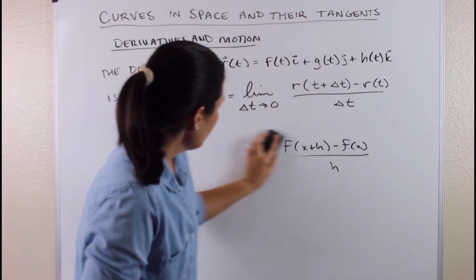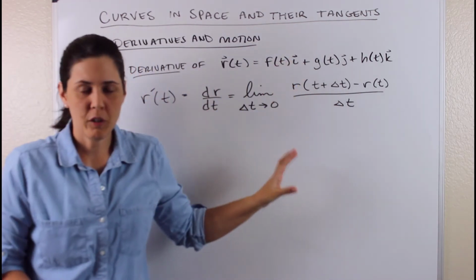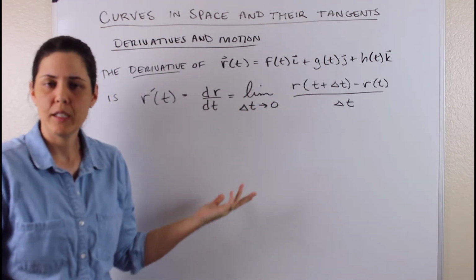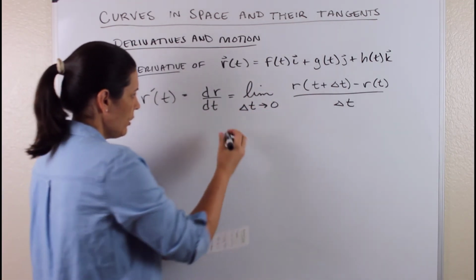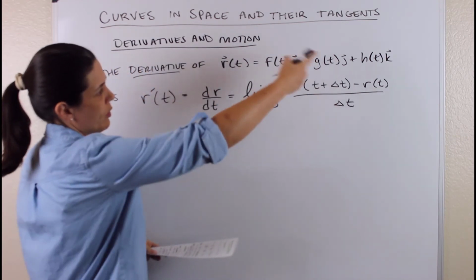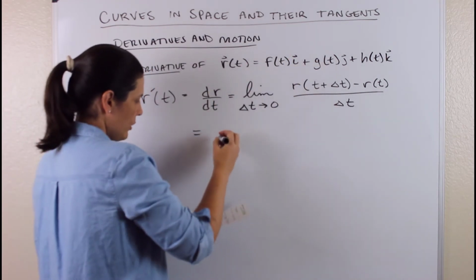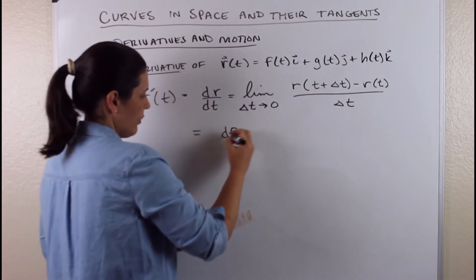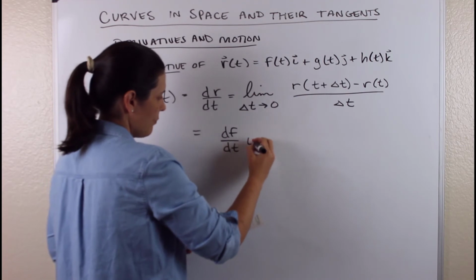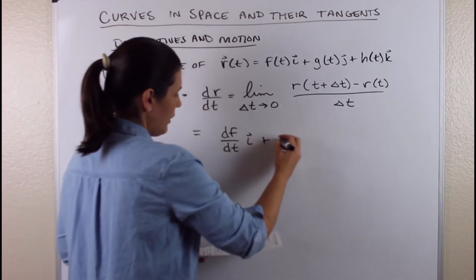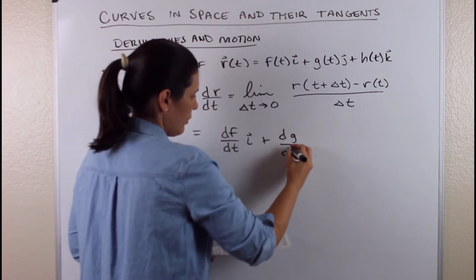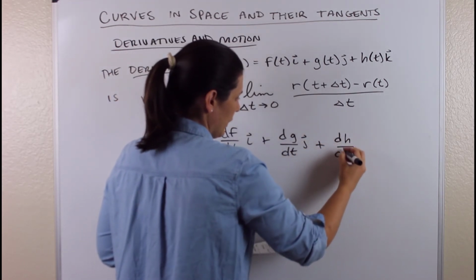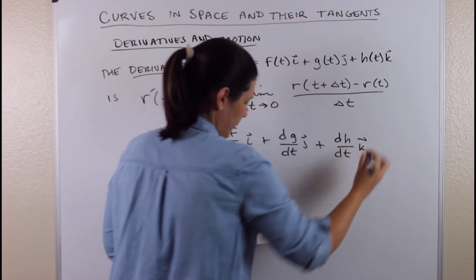Okay, so now, if you don't recall that, or if you do but you don't remember using it a lot, it's because you had differentiation rules. So you can break this down into the three components, and say that the derivative of this vector function is the derivative of f with respect to t in the i direction, plus the derivative of g with respect to t in the j direction, plus the derivative of h with respect to t in the k direction.